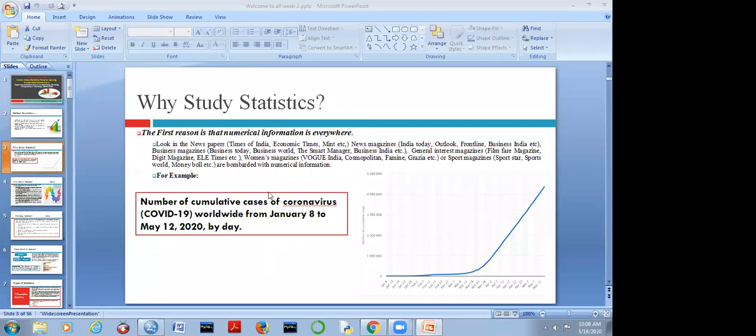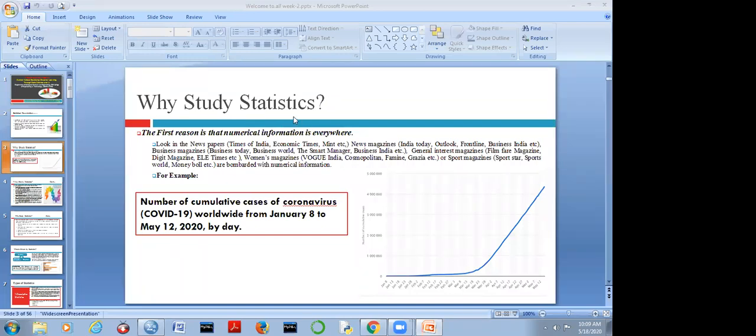And somewhere, for the eligibility criteria for admission into your professional degree, statistics or mathematics is compulsory in your 11th and 12th. If mathematics is there, then good. If mathematics is not there, then you should have studied statistics in your 11th and 12th.